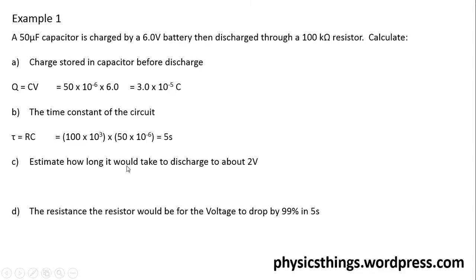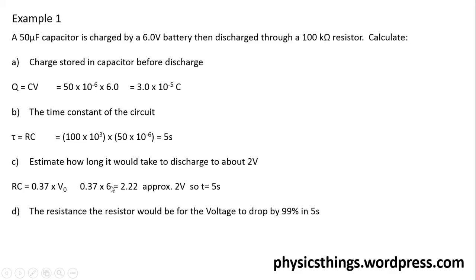Now we need to estimate how long it would take to discharge to about 2 volts. Now, when you're given a question like this that is estimate, then it usually means you don't need to do the full equation, you just need to figure out what they're wanting you to do. So in this case, we know that the time constant is the time it takes for the voltage to drop to 0.37 of the initial voltage.